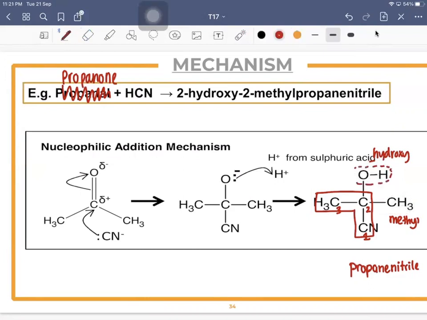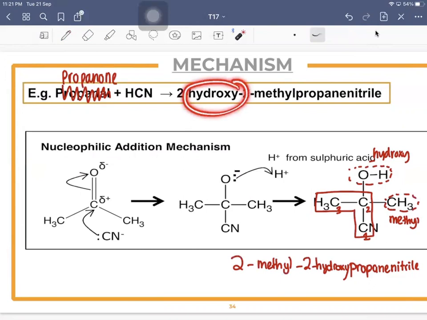So this is what we call a 2-methyl 2-hydroxy propanenitrile. Why is the name here starting with hydroxy first, then methyl, whereas I've written it as methyl first followed by hydroxy? Sorry about that, I'm confusing myself here.